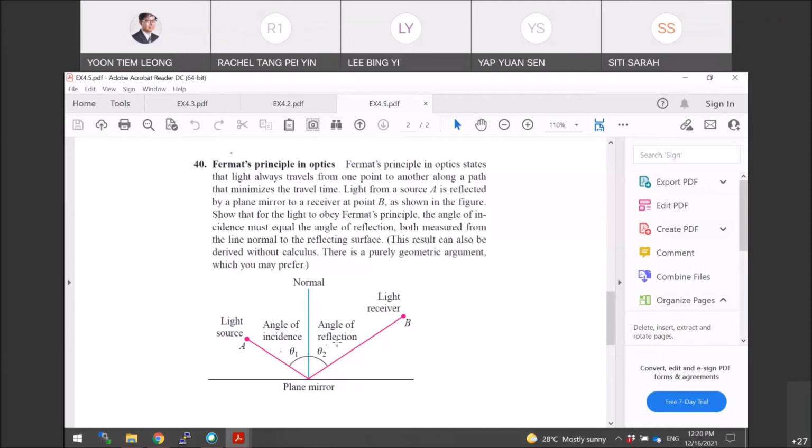Then you would minimize the time taken as a function of the angle. So finally, what you have to prove is that θ1 and θ2 have to be equal. That would be the requirement so that the time taken from A to B is a minimum.